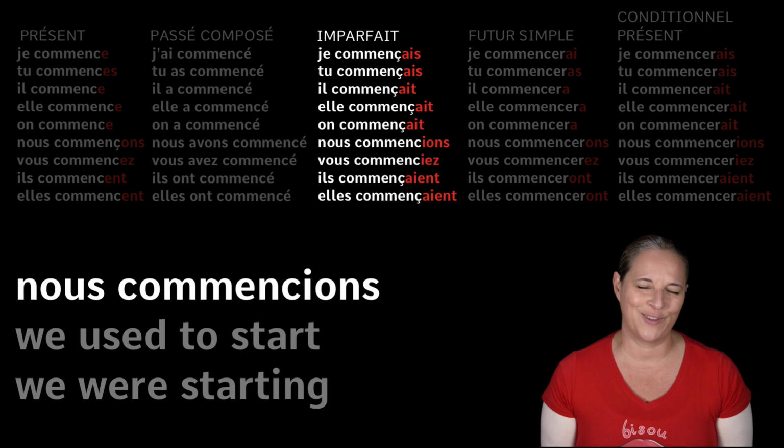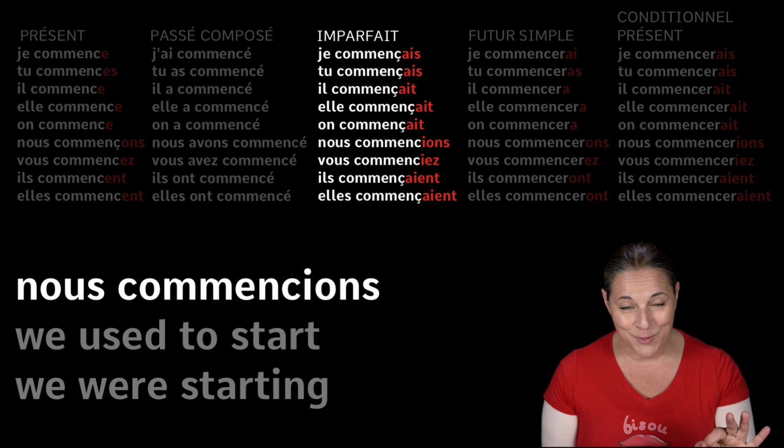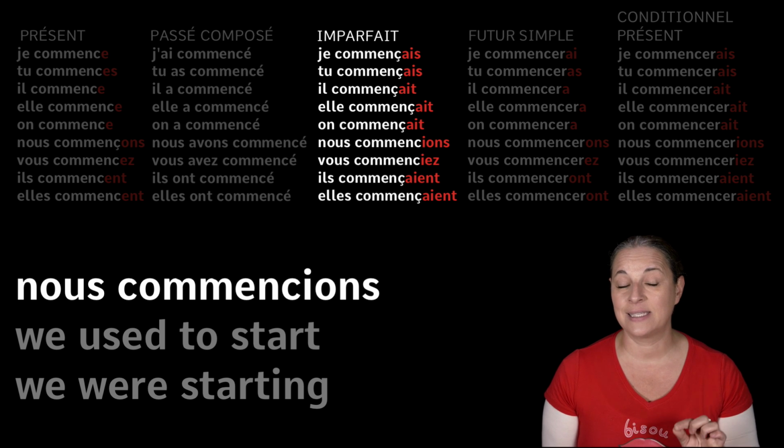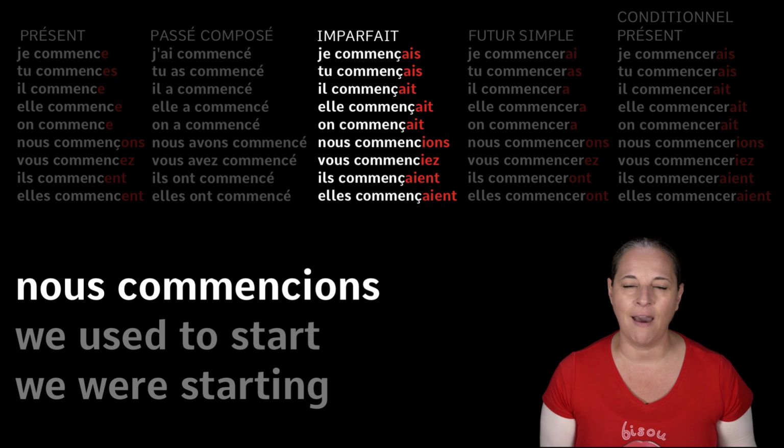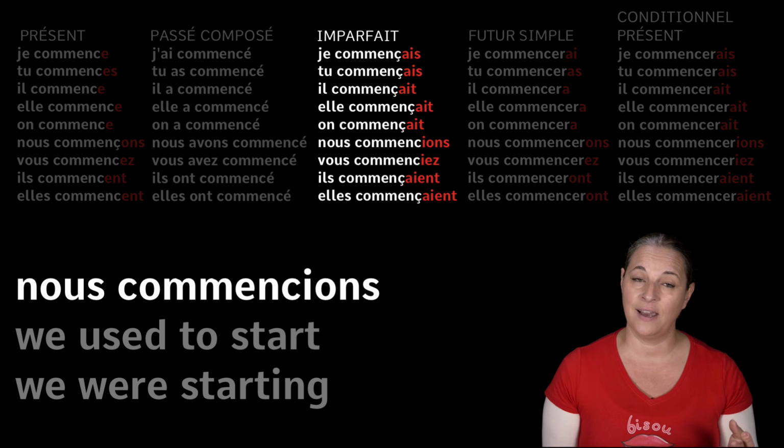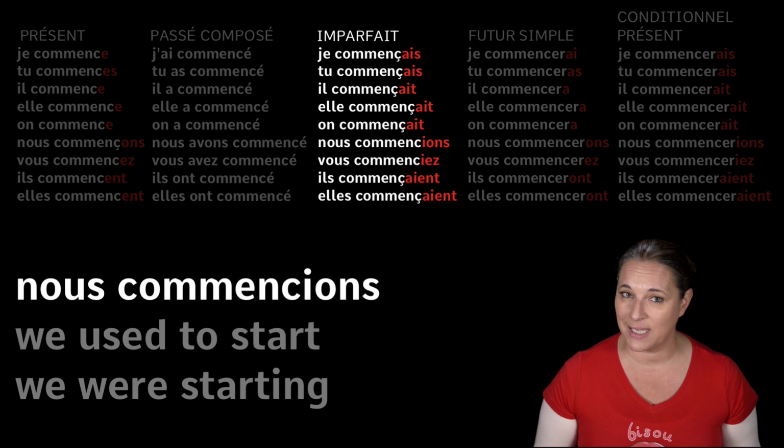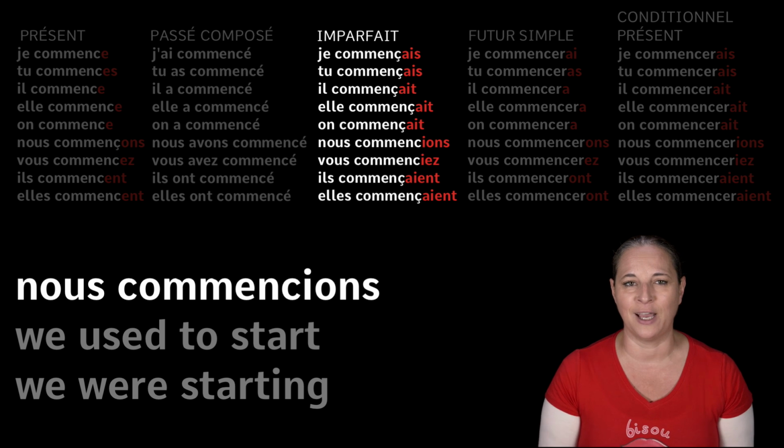Now, what happens though when we do the nous? Now, the nous is slightly different. It's nous commencions. Now, suddenly there is no O after the C, there is an I, and we know that an I or an E does not require the cédille. So we drop the cédille. Nous commencions. We used to start, we were starting.